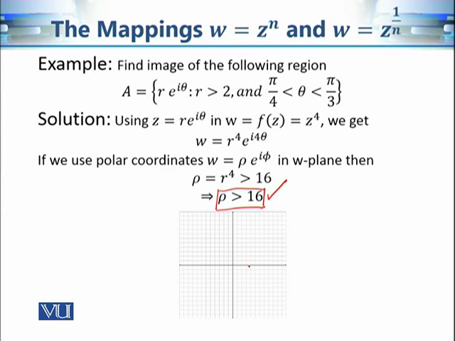If this is the circle with rho equal to 16, then our image lies outside this circle of radius 16. But what will be the value of the argument? This will decide which elements are included in the image outside this circle of radius 16.